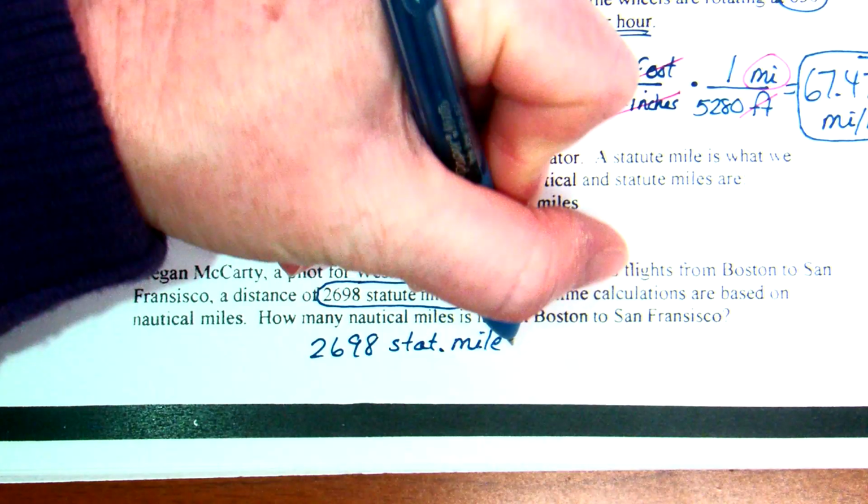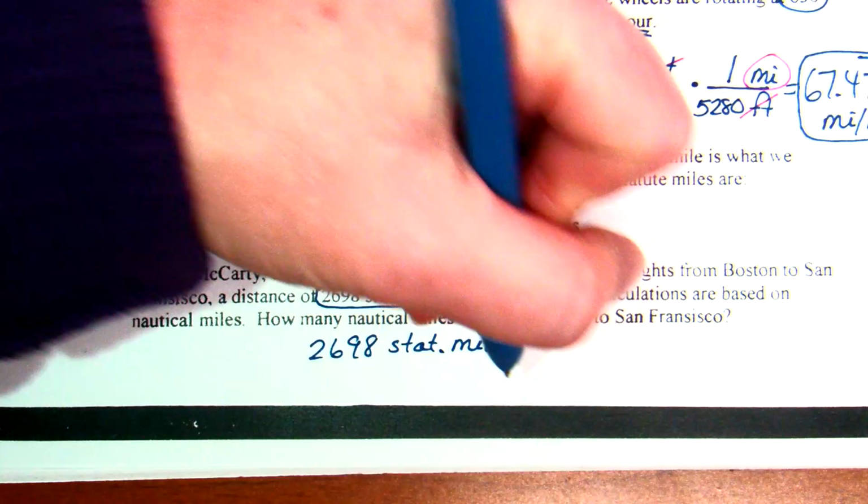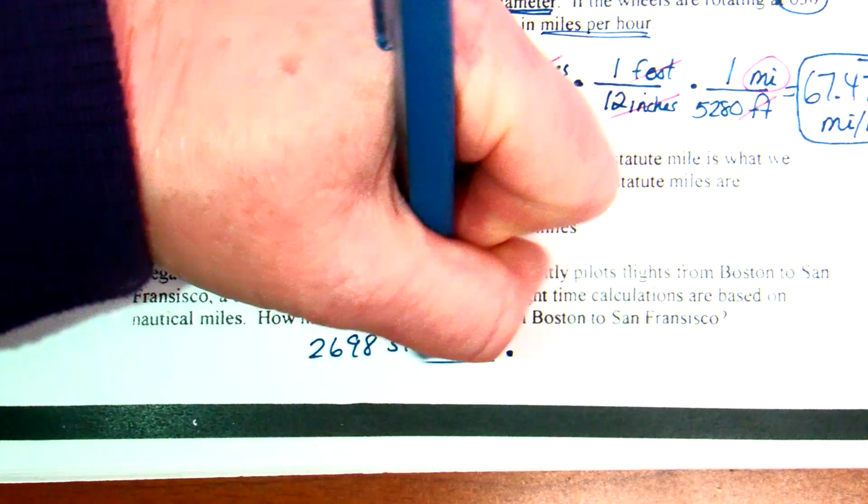Okay. One option is to multiply it by 0.87, which is probably the direction I would go. However, it will be approximately equivalent if you divide by 1.15. Now, if you want to think of a fraction, like the fraction set up on what we did on the last one, 2,698 statute miles over 1, and then that means if statute miles is on top, we put statute miles on bottom.